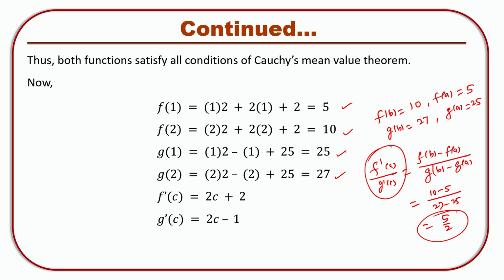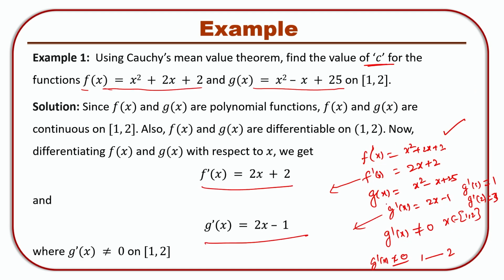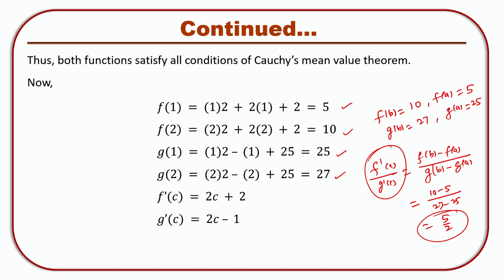Now I can calculate from this one. What will be f dash of c? f dash of c equal to 2c plus 2, and g dash of c equal to 2c minus 1. So 2c plus 2 divided by 2c minus 1 is equal to 5 by 2, right? From here, now solve this one.